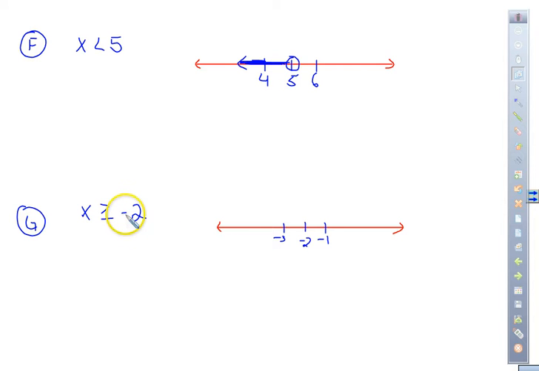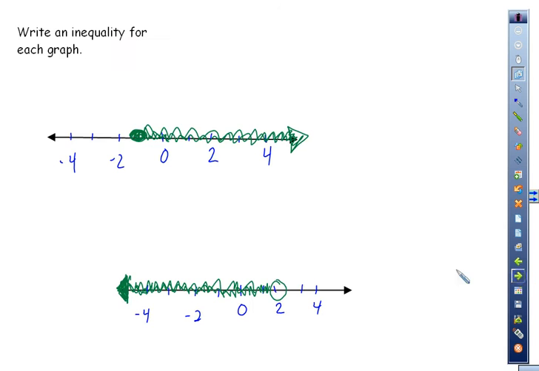And looking at -2, since it says x is greater than or equal to -2, we're going to fill in a circle right on the -2. And since it's greater than, we're going to draw our line to the right, put an arrow on it, because it includes every single number that's listed from -2 on, meaning larger. That's how you graph it.